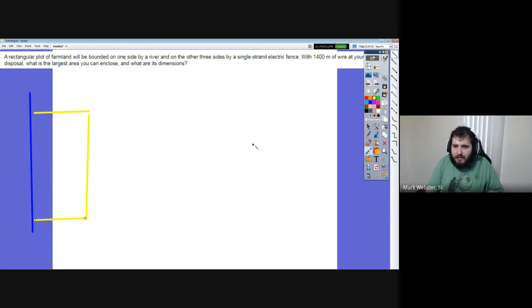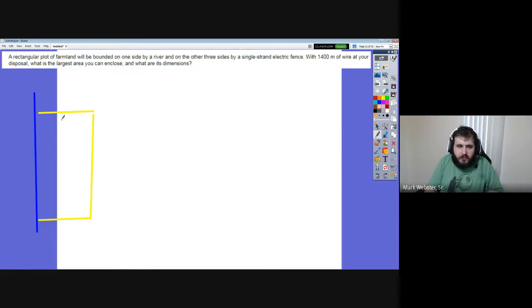And since it's a rectangle, once again, we can call one side X and the other side Y. But we know that the perimeter of this piece here, these 3, is 1400. So X plus Y is 1400. We want to know what's the largest area.